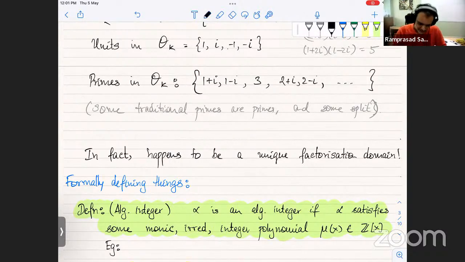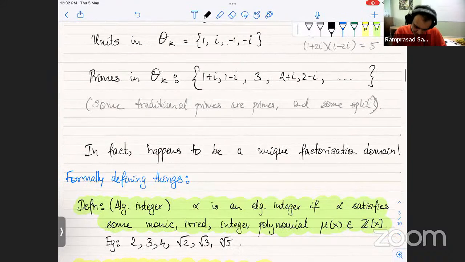Okay, so here are some examples. Of course, our standard integers are all integers because they satisfy the polynomial x minus that integer. It's a stupid polynomial that it satisfies. But you also have things like root 2, root 3, cube root of 5, etc. because the polynomials they satisfy are things like x squared minus 2, x squared minus 3, x cubed minus 5, etc. And then you have things like this, minus 1 plus root 5 by 2.